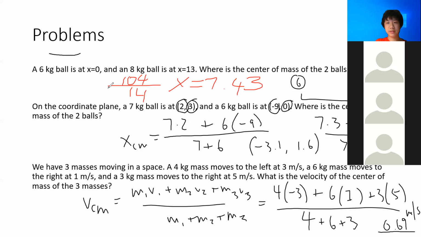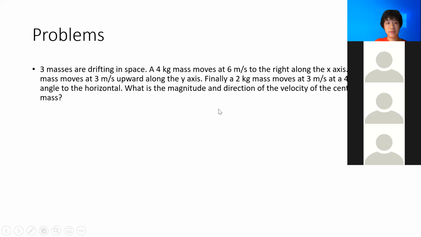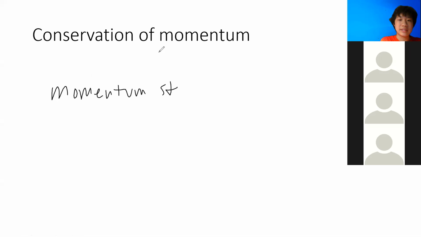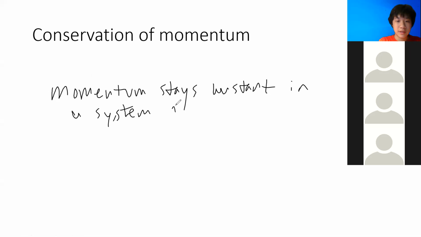All right. So skip this guy for now, and let's go on to the conservation of momentum. Just like with energy, we had conservation of energy, and for momentum, we have something called the conservation of momentum. And the definition of conservation of momentum is: momentum stays constant in a system if there's no net external force.